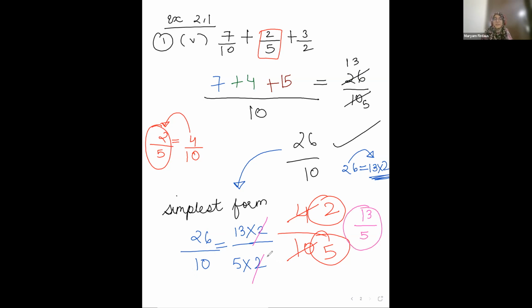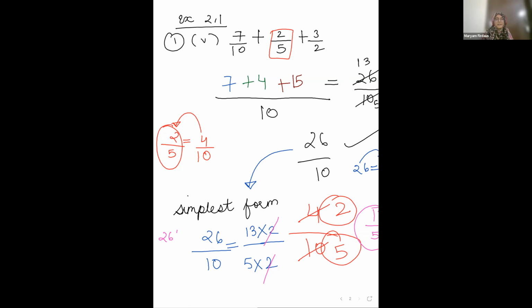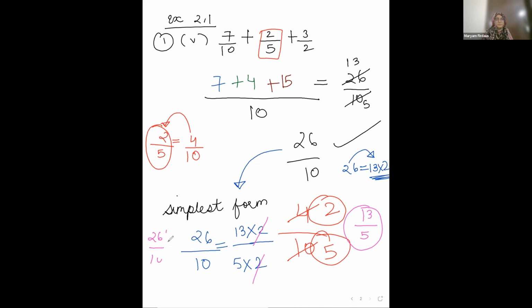That is what your teacher did when she said 26 by 10, and you divide the numerator and denominator, both of them, by 2. So when you divide 26 by 2, what do you get? Basically, 26 has two factors, 13 and 2, because 13 multiplied by 2 gives you 26.